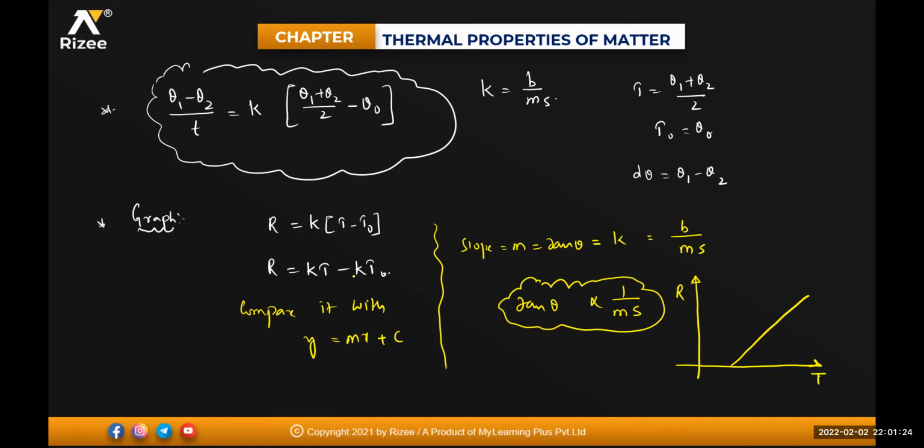So it is y equals m into x minus something. Here this is totally a constant. So we'll be getting a negative constant, so that will be in the downward direction.